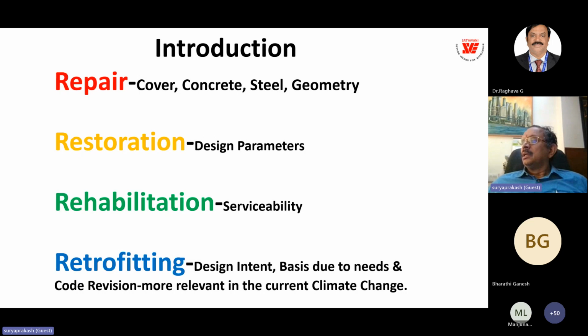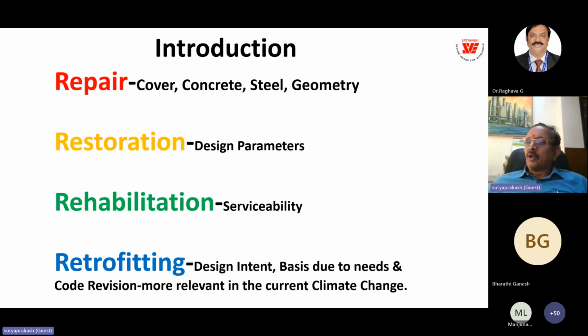Like that, also now the climate change, which we have been talking about, whether it is the temperature change or the rainfall intensity, flood levels, and earthquake revisions, and rainfall patterns are changing. For all that, we have to do the retrofitting for the structure.